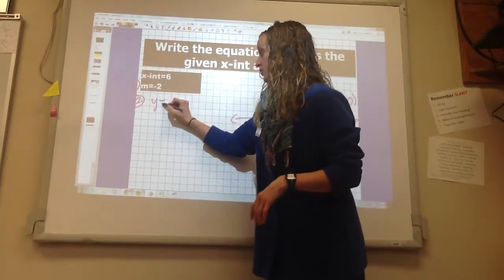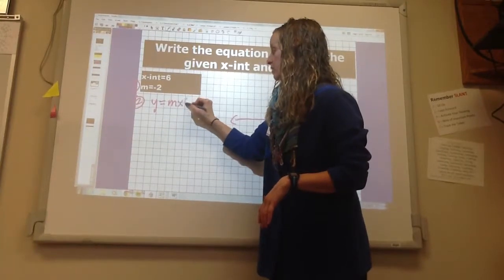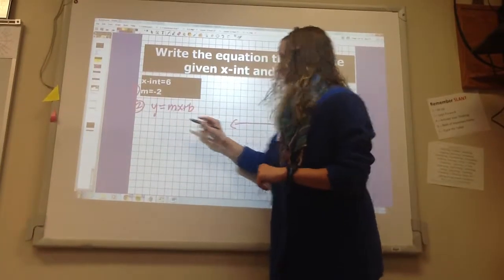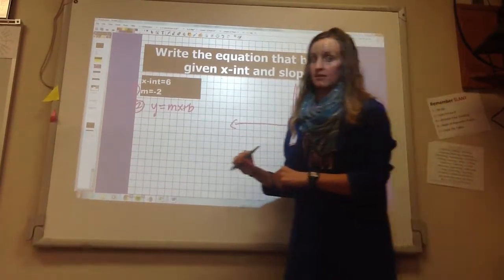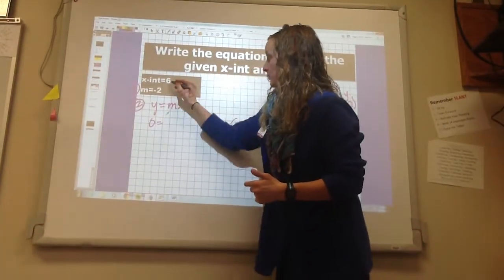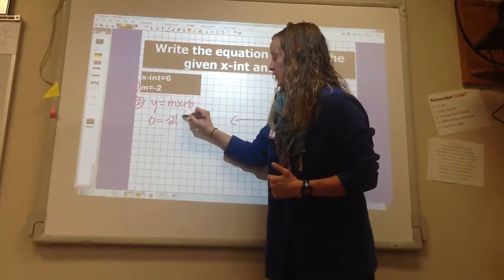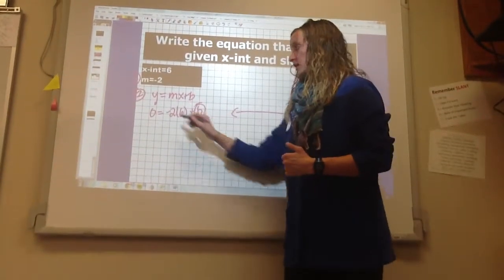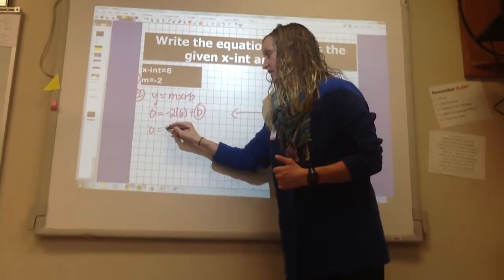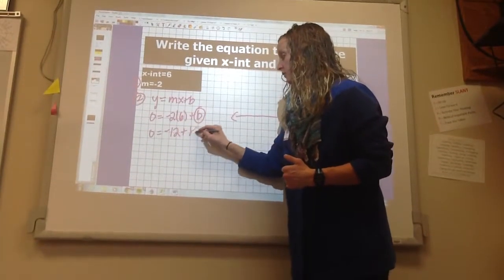So you can use your same steps, y equals mx plus b. You plug in your y value, 0 in this case. So you have 0 equals, what's your slope? -2. Your x value is 6 in this case, plus b. -2 times 6 is -12, and you are trying to find your y-intercept.